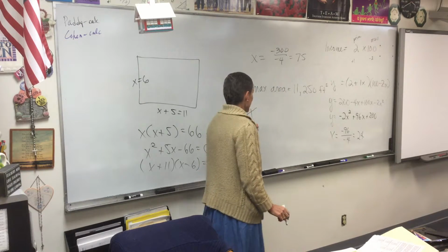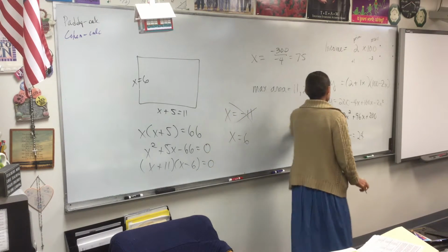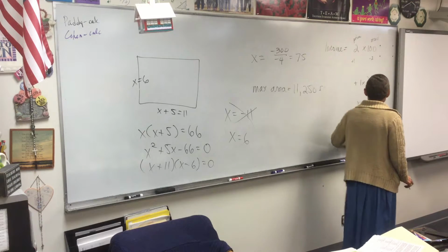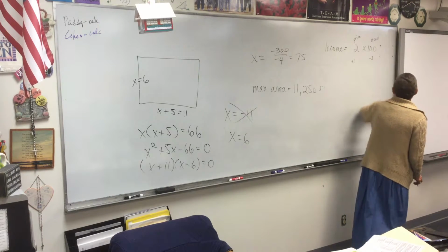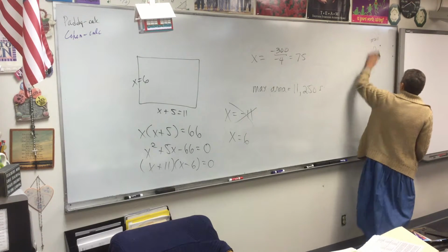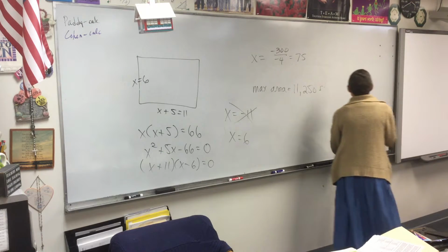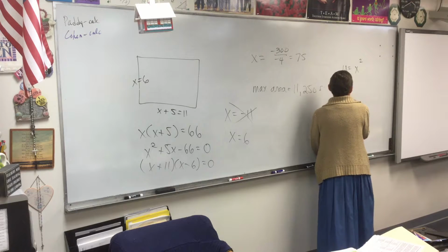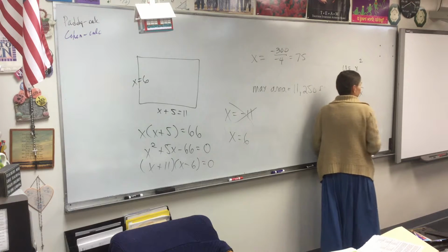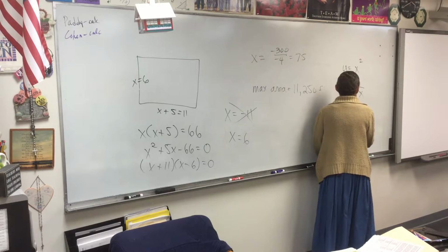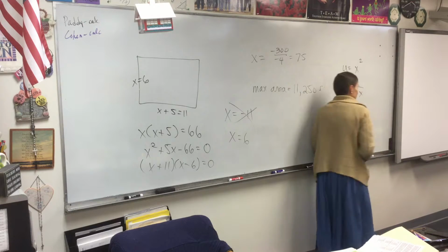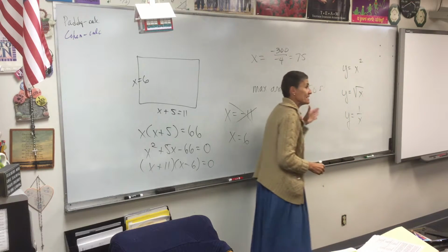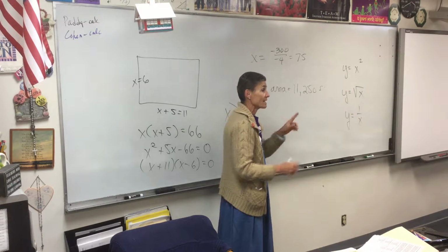First of all, power functions are exactly what the word would suggest. Power functions are things like x squared, square root of x, 1 over x. Now, why are these power functions?